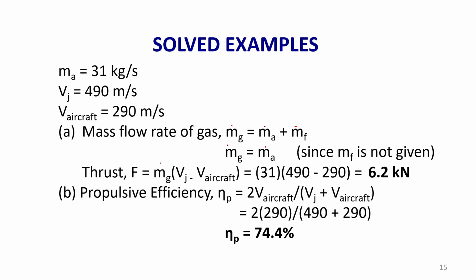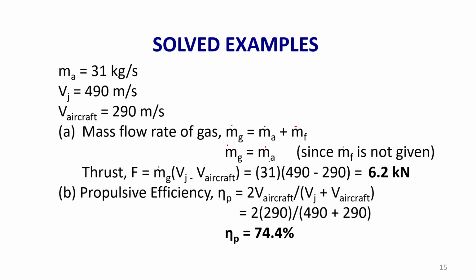Propulsive thrust is the total mass of the gas into the velocity difference, that is jet velocity and aircraft velocity, both are given. Mass of the gas is nothing but mass of the air, since mass flow of the fuel is not given. So this is a simple calculation.